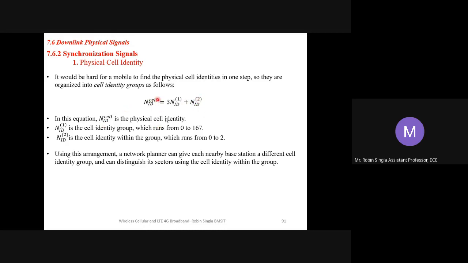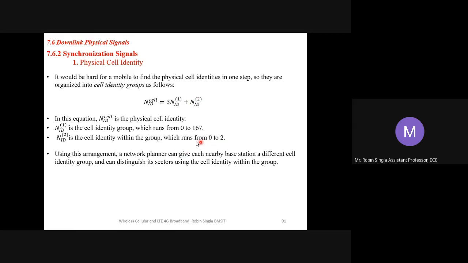What is N_ID cell? This is the physical cell identity. What is N_ID1? It is the cell identity group, which runs from 0 to 167. Then what is N_ID2? It is the cell identity within the group, and it will run from 0 to 2.